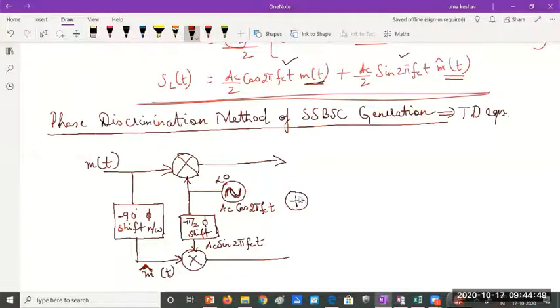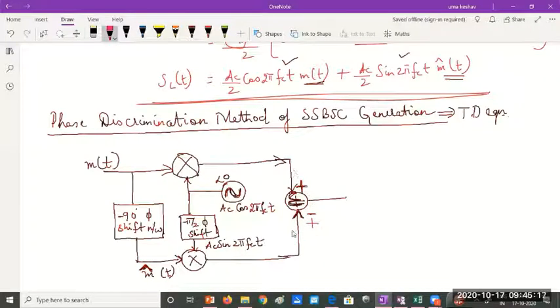I should just use an adder or a summing circuit. You can call it a sigma summing circuit. The upper one will always be positive, and the lower one can be either with a minus sign or a plus sign.